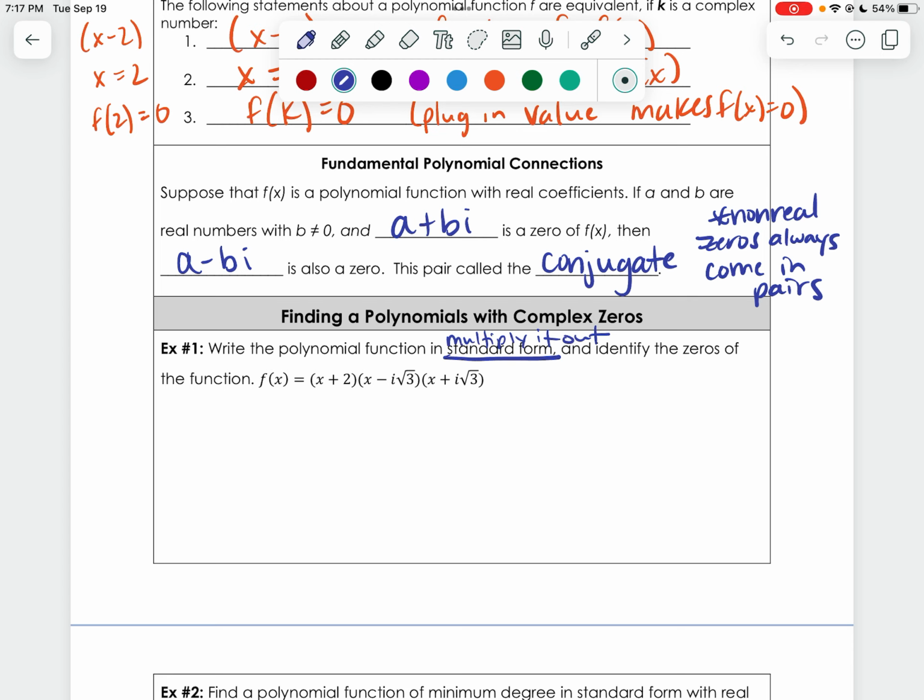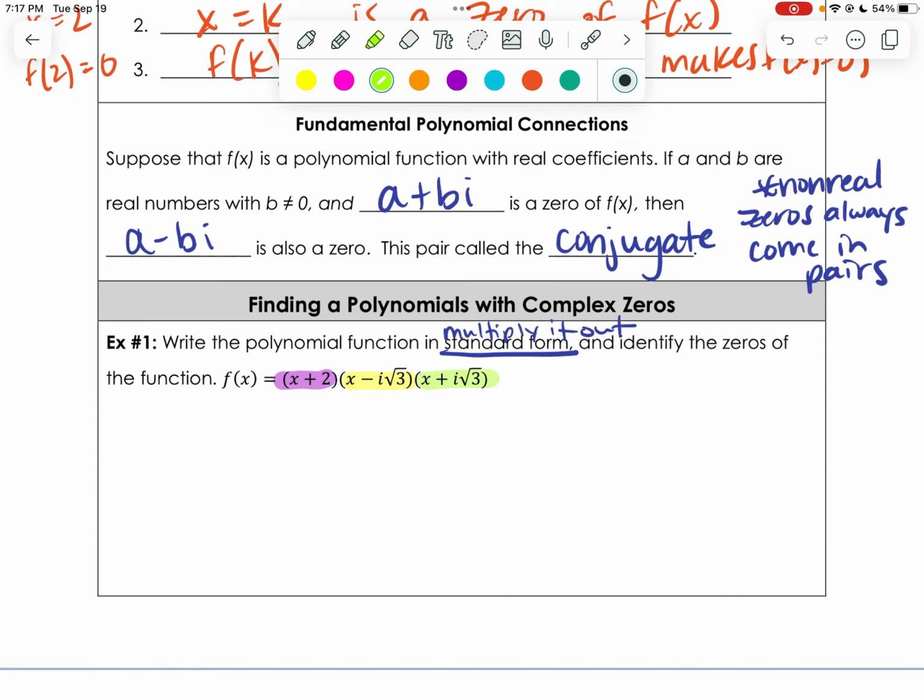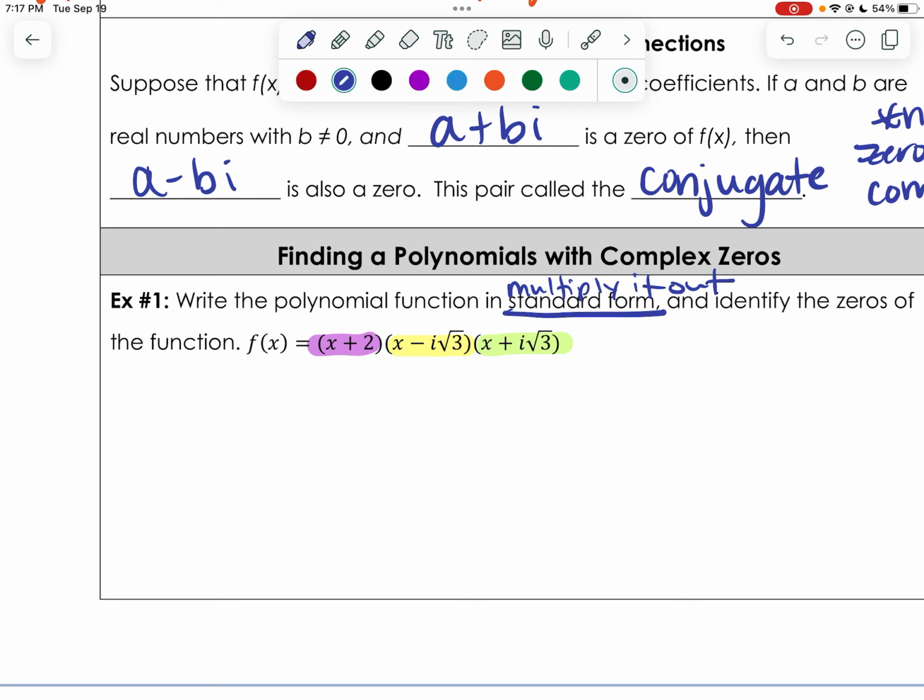We're just going to distribute everything, so it doesn't really matter what you do first. You have x plus 2, x minus i root 3, and x plus i root 3. I would suggest multiplying the things with the i's first, because then maybe some things will cancel. So I'm going to do those last two first.